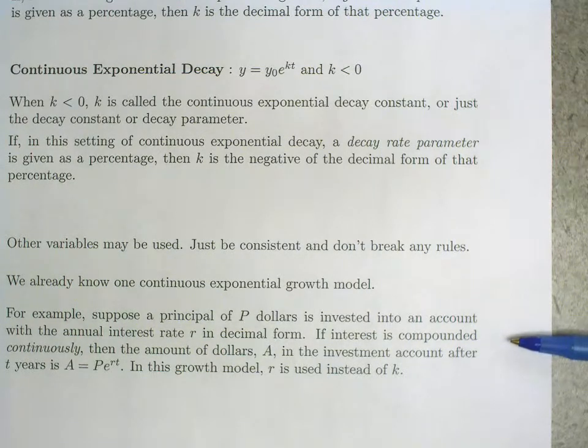If interest is compounded continuously, then the amount of dollars, capital A, in the investment account after t years is capital A equals capital P times e to the rt. Different letters are used, but this has the same form as what we were just talking about. Instead of y, we're using capital A. Instead of y sub 0, we're using capital P. And instead of k, we're using lowercase r.